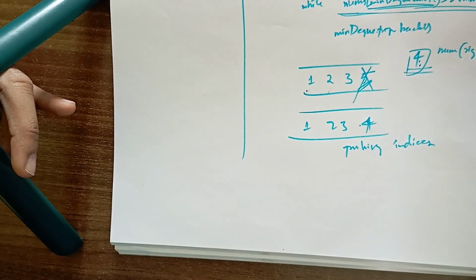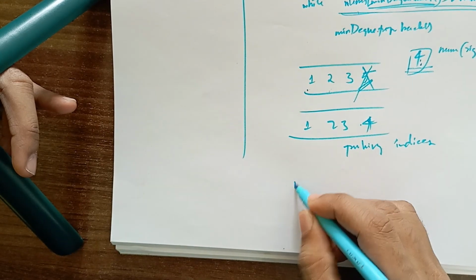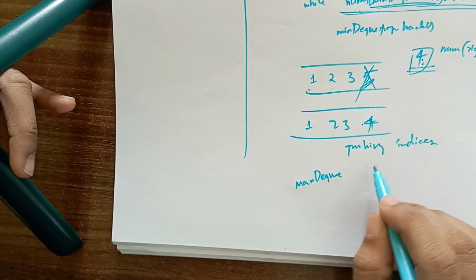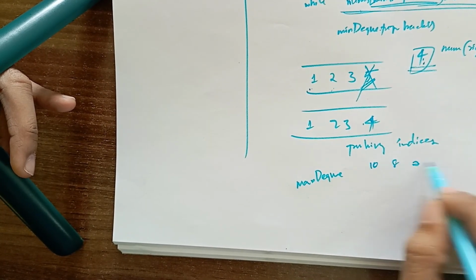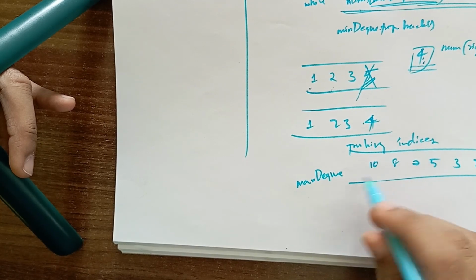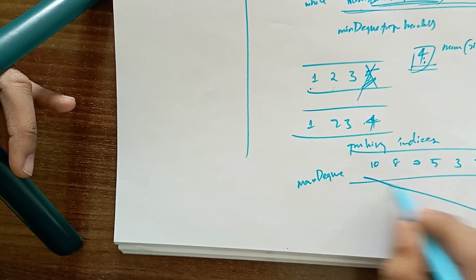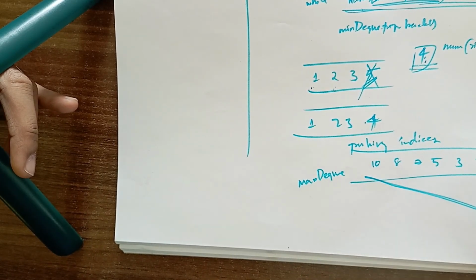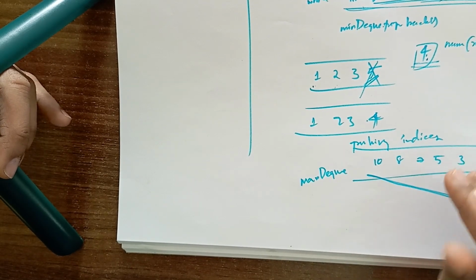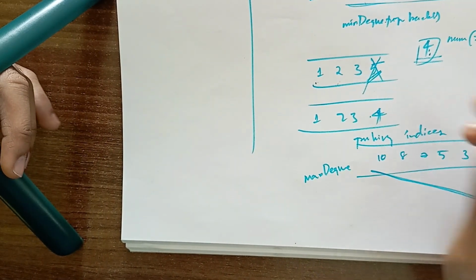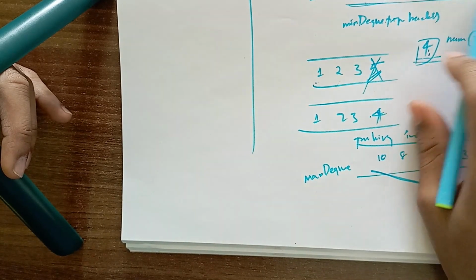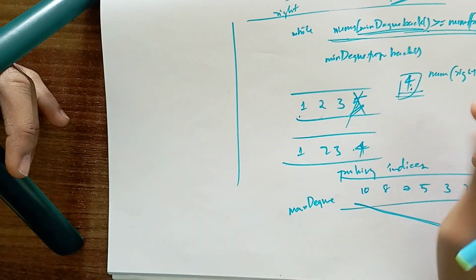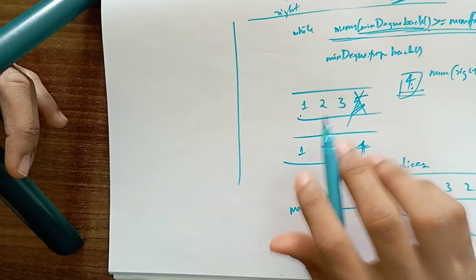The same will be done for the maximum deque. As I said, the maximum deque will hold 10, 8, 7, 5, 3, 2, in decreasing order from maximum to minimum. We will be removing the elements which are greater than nums of right in the minimum deque and which are lesser than nums of right in the maximum deque.